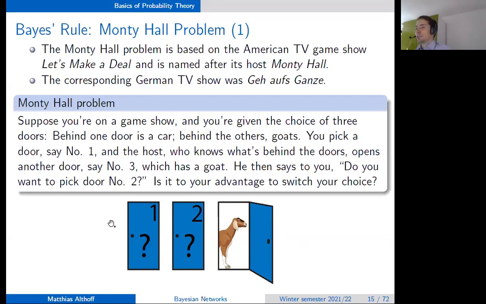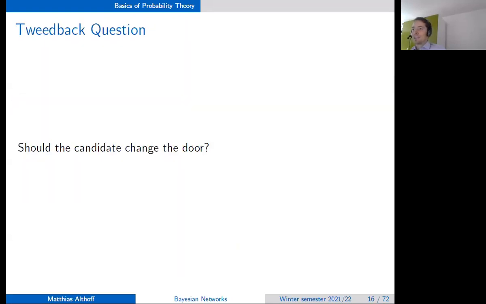Let's say you pick door number 1, and then the host, who knows what's behind the doors, opens another door, in this case door 3, which has a goat, and asks you: do you want to pick door number 2? Should you change or not? Sorry, I already said what the best solution is, so we can skip this feedback question, but there will be others later on.